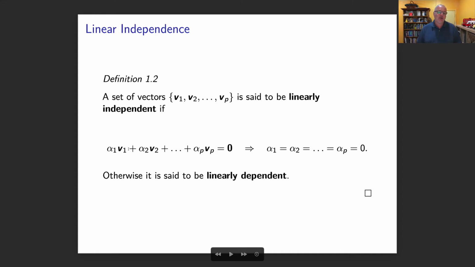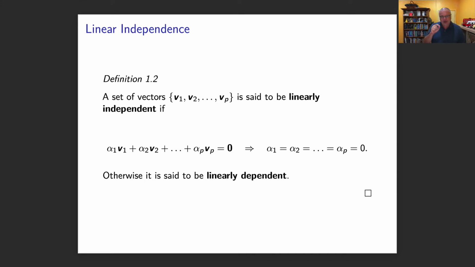So I take v1 and multiply it by some constant alpha 1, plus another constant alpha 2 times v2, plus dot dot dot. So I've just done a linear combination between our alpha 1, alpha 2 up to alpha p and our v1 up to vp. And I find that when I do that calculation, I get the 0 vector, a vector that is all zeros.